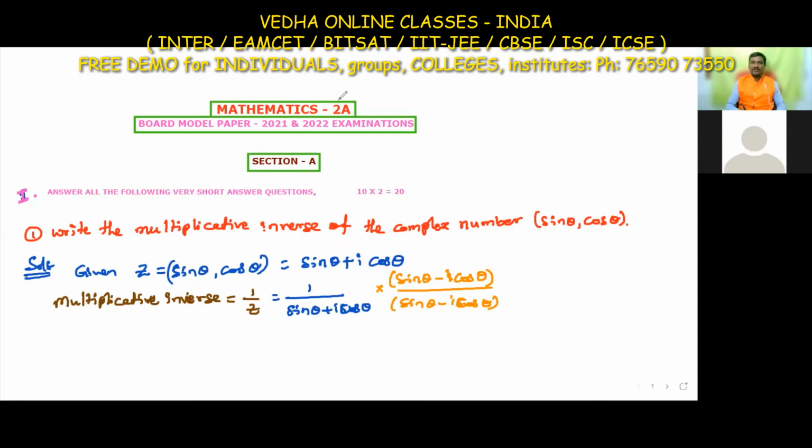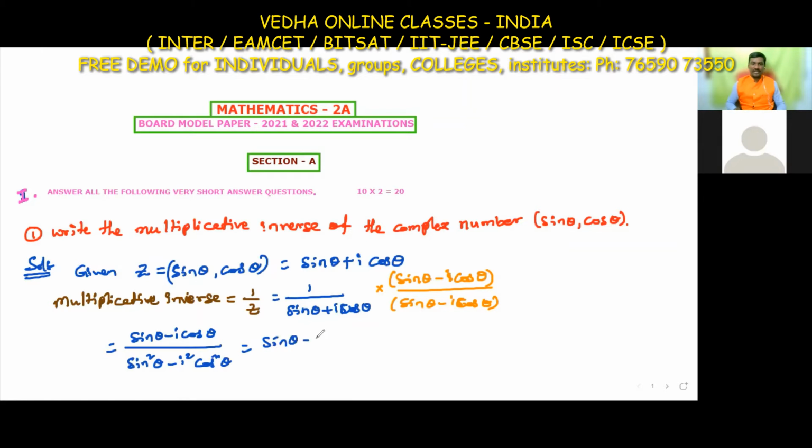Now the numerator is sin theta minus i cos theta, divided by a plus b into a minus b, that is a square minus b square: sin square theta minus i square cos square theta.